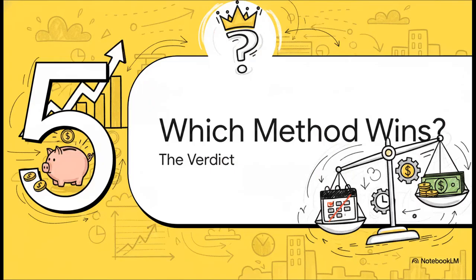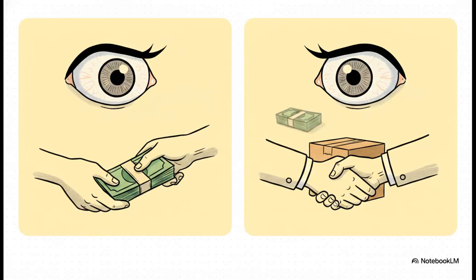Section 5. Which method wins? Time for the verdict. So the crucial point is this. When we look at these two contrasting systems operating in the real world, the primary difference lies entirely in the timing of recognition. The cash system demands a literal exchange before it recognizes anything. The accrual system, on the other hand, recognizes these elements the moment the transaction physically occurs, and its effects are measurable, regardless of where the money is at that exact second.